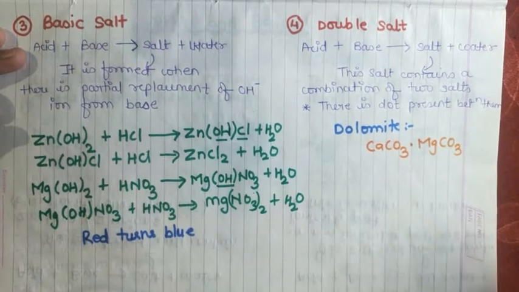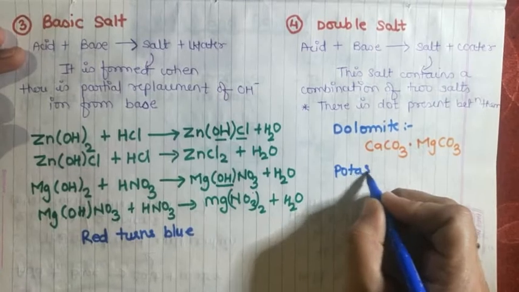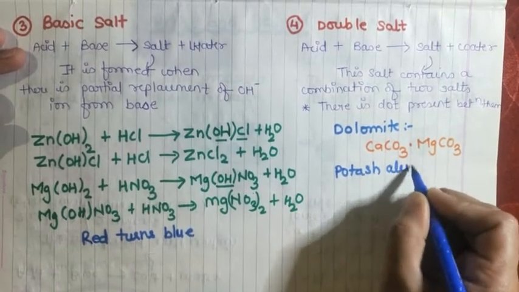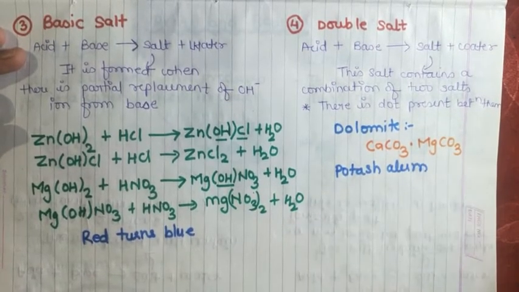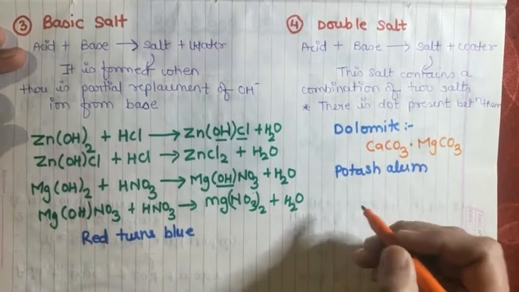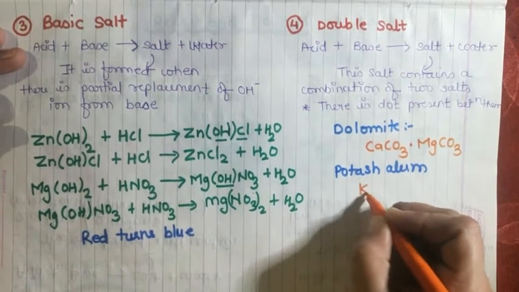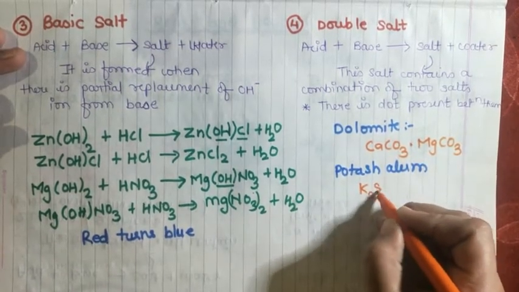If you take an example of potash alum, very important salt. Sometimes it is asked in the board exam about the formula or the name. If the formula is given, they will ask about the name. So both you have to remember. So what is the formula?